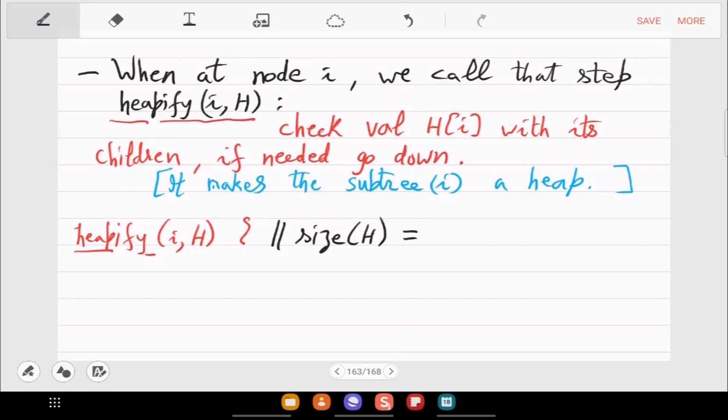So n, the size of the heap, is n, which is at least 2. Okay, we'll assume that. And now how do you make things below I a heap? So maintain a flag, initialize to true.